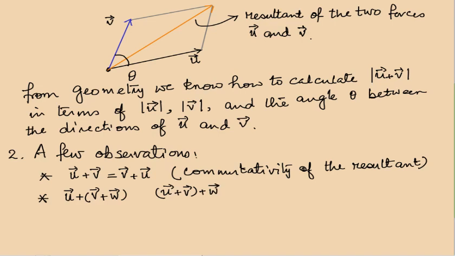However, the idea is about three forces. So the line of final action will not depend on the particular order in which the resultants are computed. So this must also be the same. So this is often called the associativity.